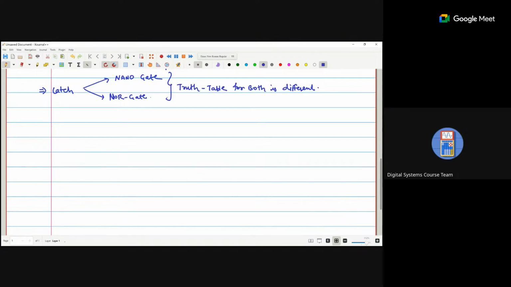In the case of a flip-flop, either we design with the NAND or with the NOR gate, the truth table is the same. So the SR latch, or basically the latch, is the initial unit of the flip-flop.